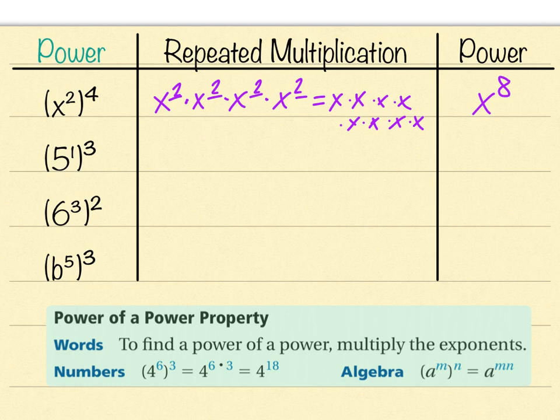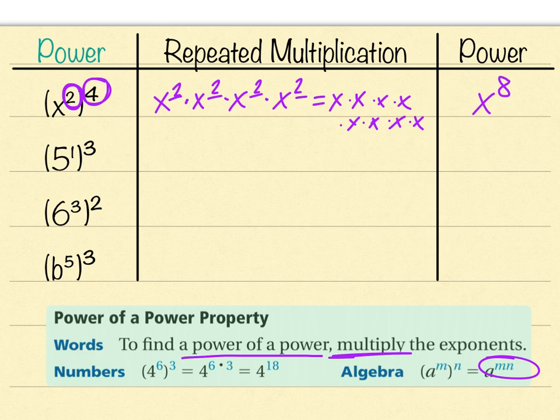But what I have to do, the shortcut here, is all I have to do is multiply the exponents together. So the key difference here is that the power x squared is being raised to the 4th power. It wasn't being multiplied by x to the 4th. It was being raised to the 4th power. So if you have a power being raised, or as they say, a power of a power, then you just multiply the exponents m times n.